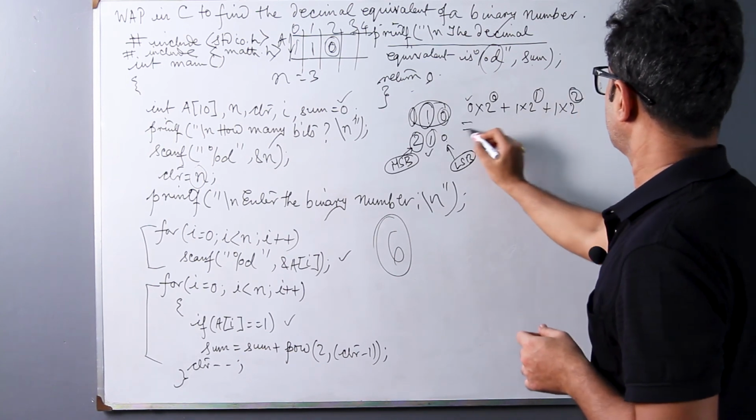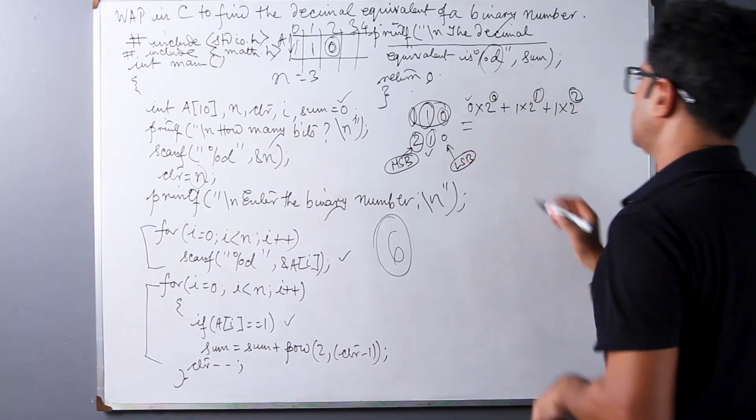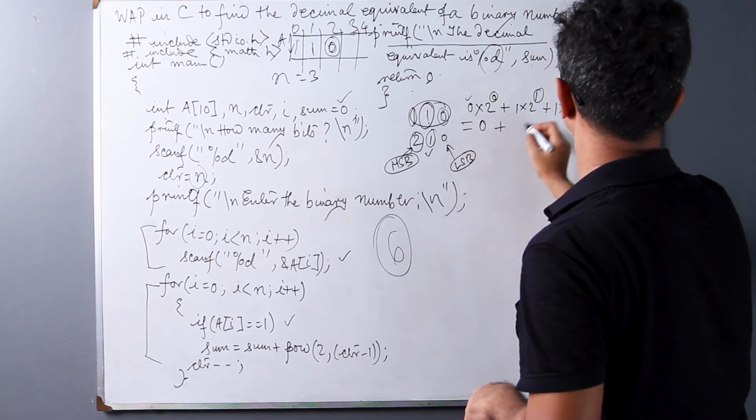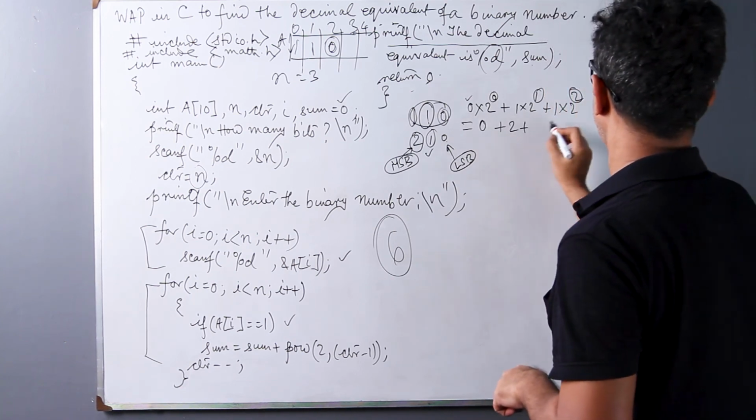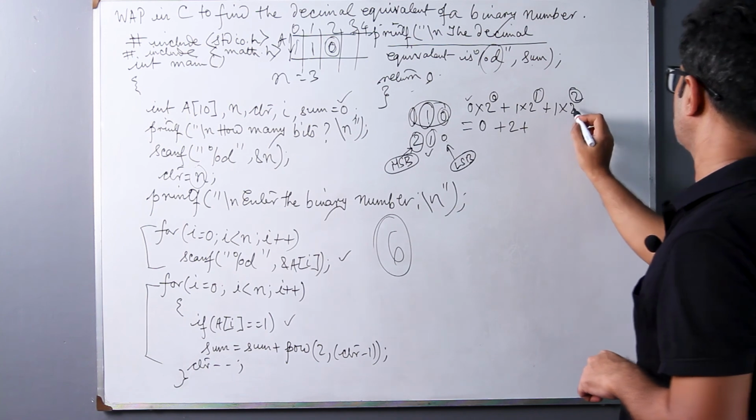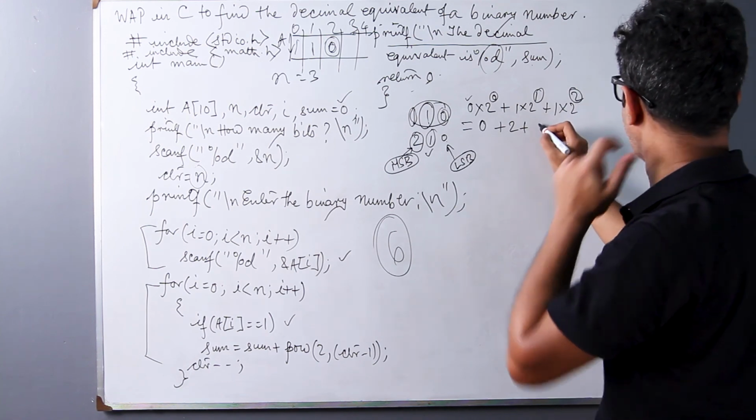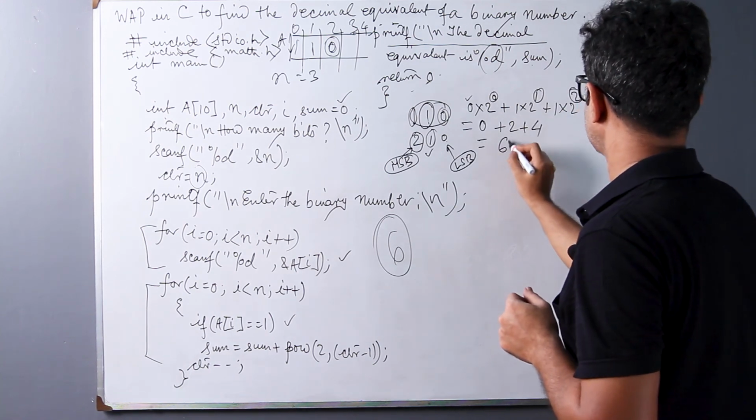So this gives you the result: 0 into anything is 0, plus 1 into 2 to the power 1 means 2, plus 1 into 2 to the power 2 means 2 square, that is 4. So that gives us the result 6.